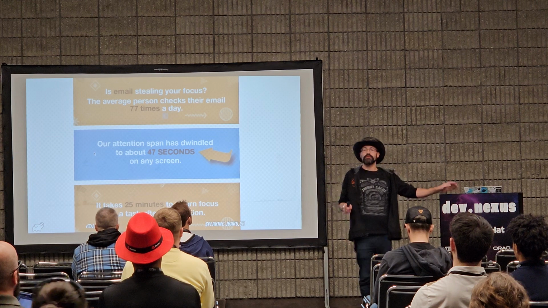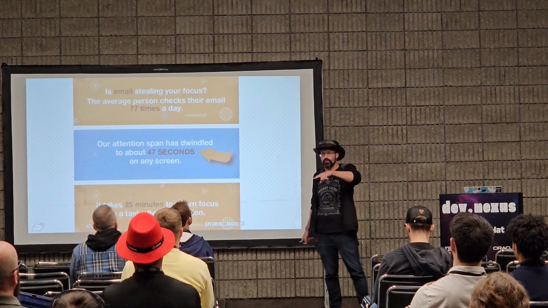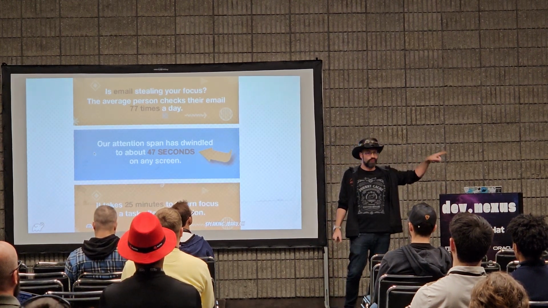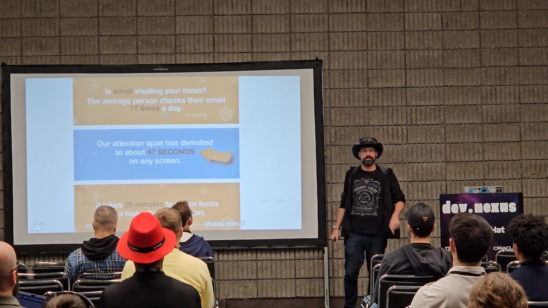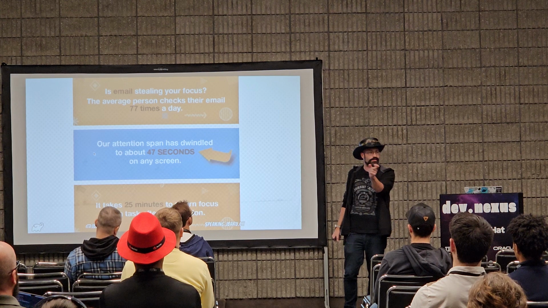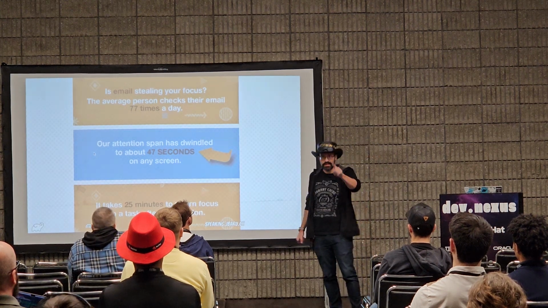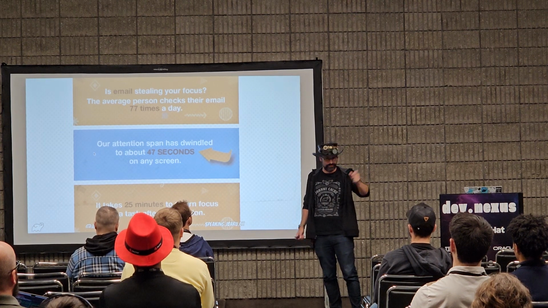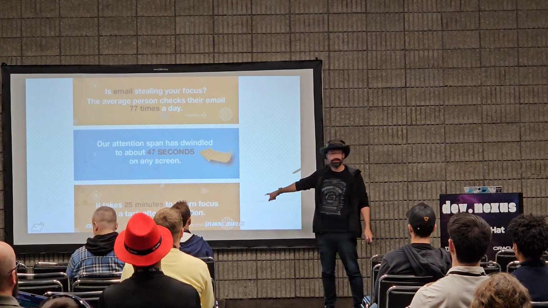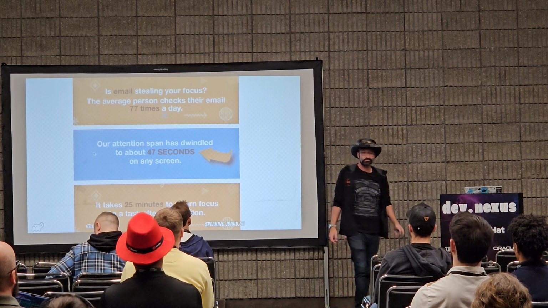If you try to multitask and read your emails while your build is running, I can tell you how long your build is. Your build is 25 minutes. And I don't care what the summary at the end of the build will say. It is 25 minutes. Because you will wait for it 25 minutes because you will be distracted for the next 25 minutes.